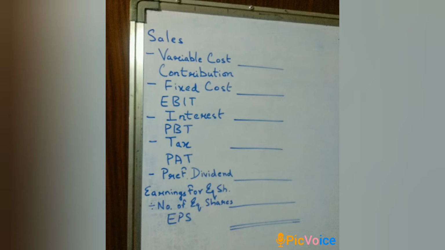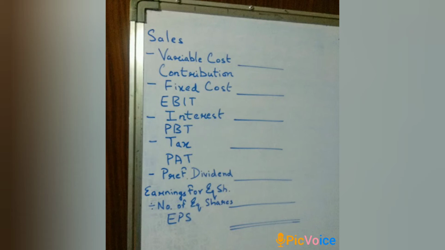From EBIT, we subtract interest to get PBT, or profit before tax. And when we subtract tax from PBT, we get PAT, or profit after tax. Now, if the firm is not using preference share capital, then we divide PAT by the number of equity shares to get EPS, or earnings per share.